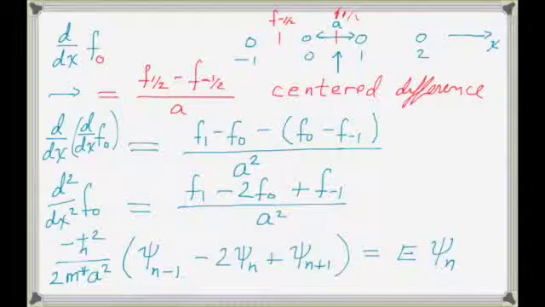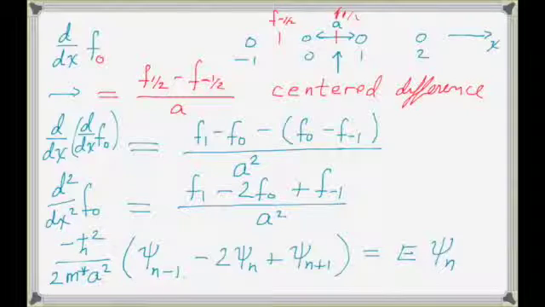And if you look at that, it looks pretty much like our tight binding equation for any row. I've got the center element n coupled to the term to the left of it and the term to the right of it.